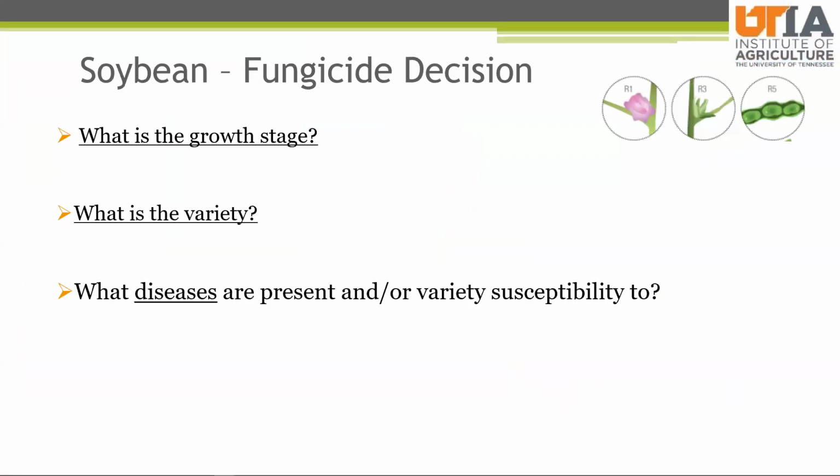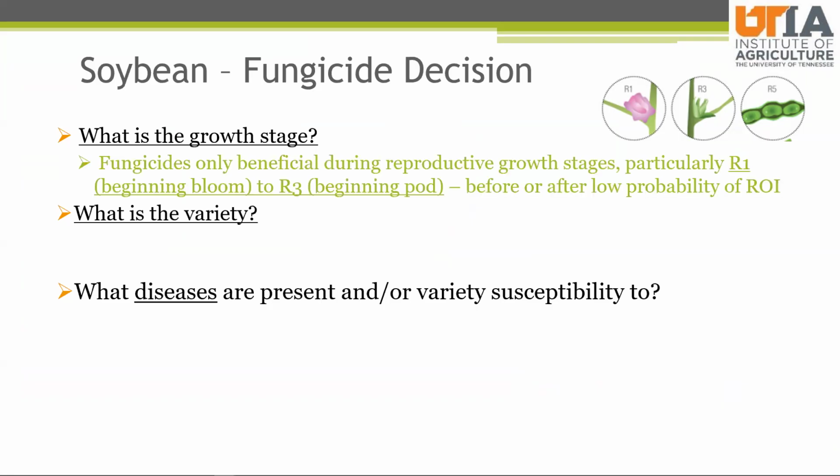So once you have identified that you might need a fungicide, what are some other things you need to be thinking about? So first is, what is the growth stage? Based on data not only from Tennessee, but across soybean production areas in the US, we found that fungicides are really only beneficial during the reproductive growth stages, particularly beginning bloom, which is R1, to beginning pod, R3.